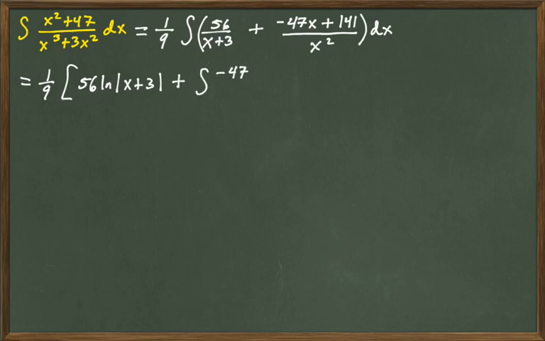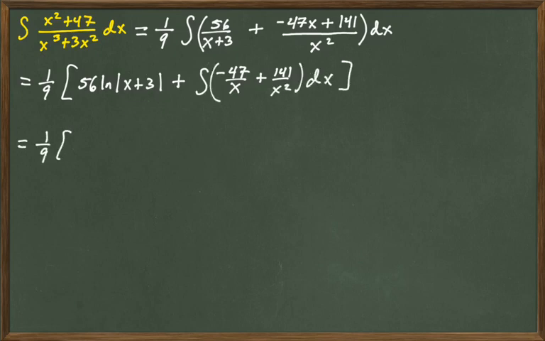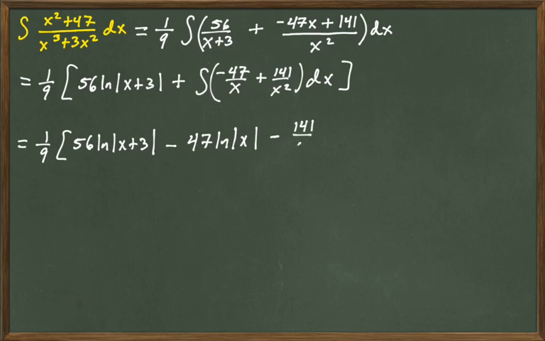Plus, we're going to split that up into two terms. So negative 47x over x squared will reduce to negative 47 over x, and then we'll have 141 over x squared dx. So 1/9, 56 ln absolute value of x plus 3 minus 47 ln absolute value of x minus 141 over x, and then plus constant of integration.